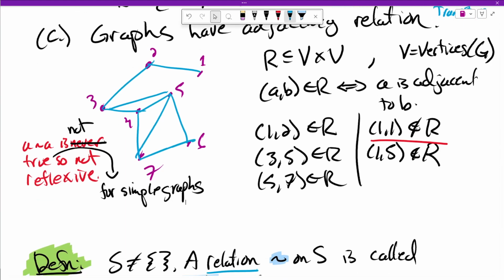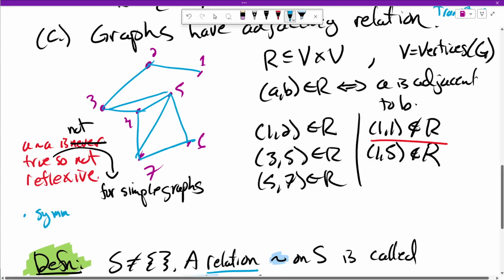Is it symmetric? Yes, it is symmetric, because if a is joined to b by an edge, well, the edge goes the other way too. It's just an edge, so b is related to a. So this is symmetric for these undirected graphs.